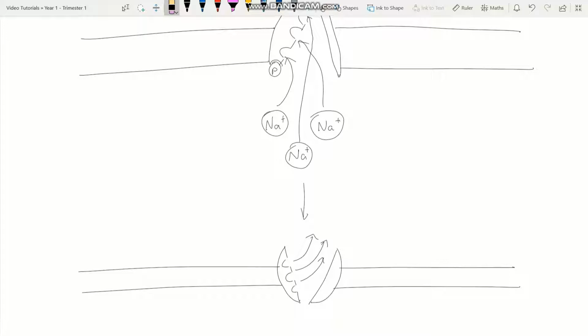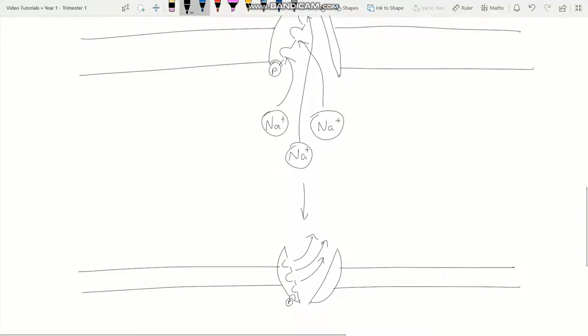Now, even though the sodium molecules have been passed out of the cell, the phosphate group from the ATP that was once bound to the transporter stays bound to it.